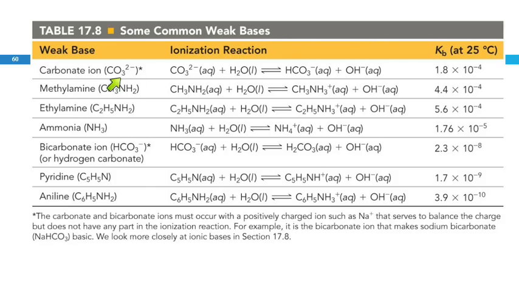And that's something that you might not recognize as a weak base. The hydrogen carbonate ion that it forms, HCO3, is also a weak base. It can accept another hydrogen from water and form carbonic acid and hydroxide. So that's one that you should be aware of and be able to recognize.